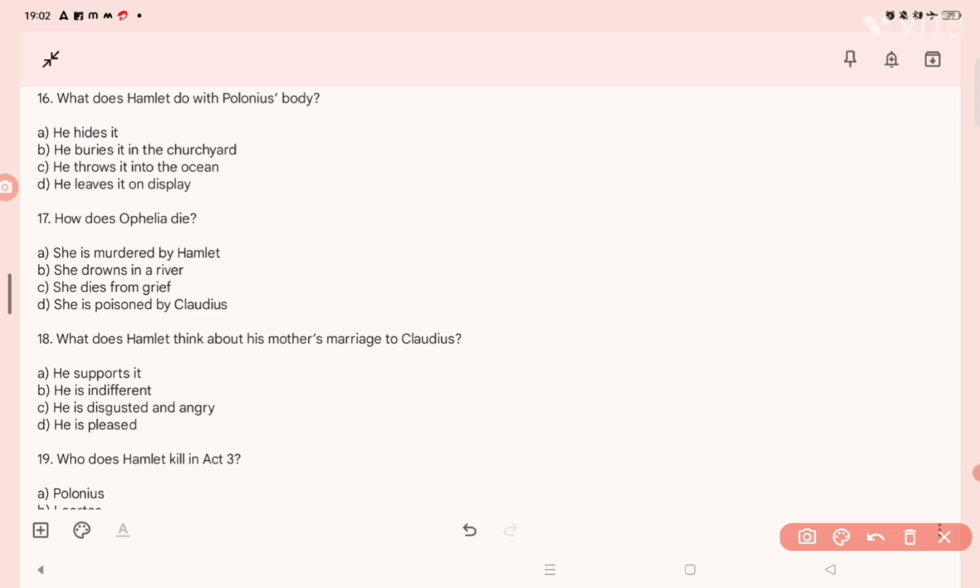He hides it. Option. How does Ophelia die? She drowns in a river. Option B. How does Hamlet think about his mother's marriage to Claudius?